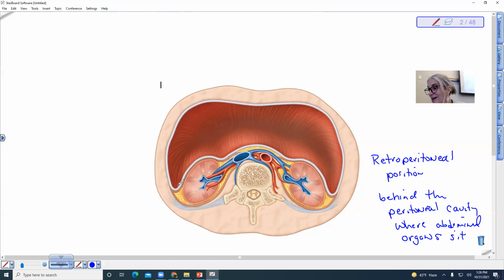So this is fat in yellow, and this fat is called visceral fat. And in this particular instance, it helps to cushion the kidney. So if you do receive a blow, it helps to cushion it, but it also keeps it from moving downward. And so it stabilizes its position.